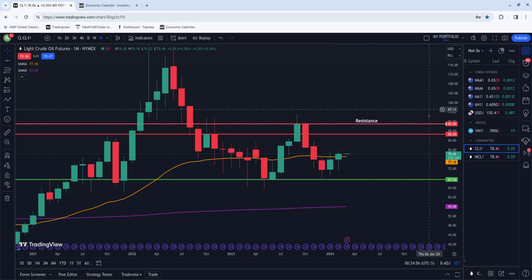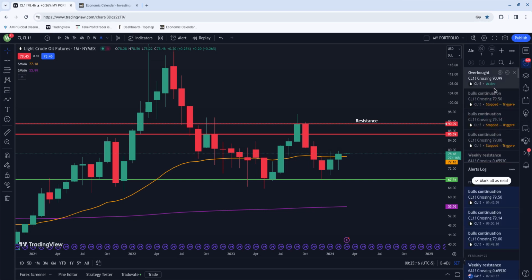Click on create. That alert has now been created and it's sitting there at that particular line, ready to go. All right. If you go over here to the side, you will see all this. And at the top, you will see a little clock, like a little timer. You click on that and it shows you all your current alerts and past alerts that have already taken place.